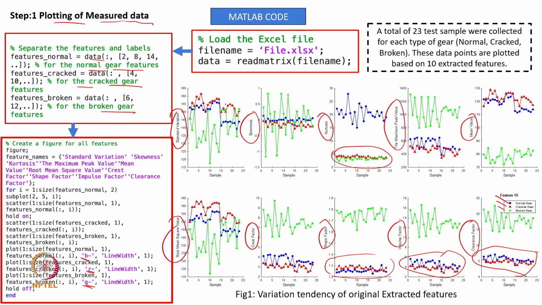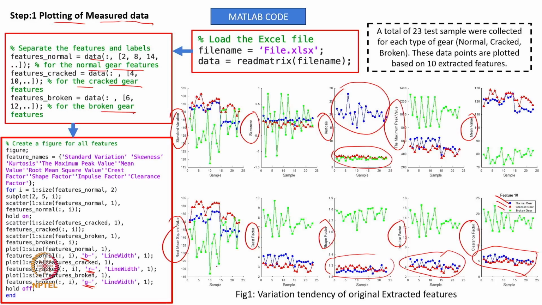Now, we see most of the times the normal and cracked ones are really superimposing each other, except in this case you can see in the kurtosis value, the normal gear value is very high. Otherwise, in more or less all other graphs, the normal and cracked ones are almost matching, or there is no very significant difference that we can say is a feature difference.